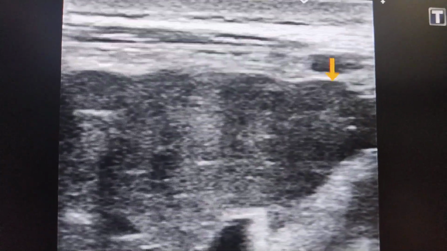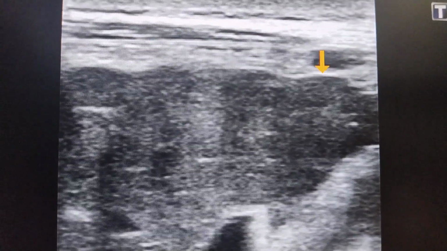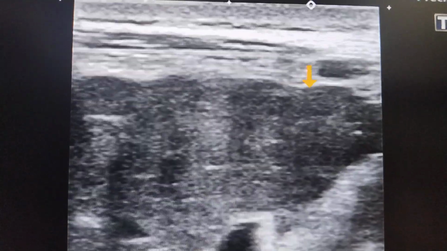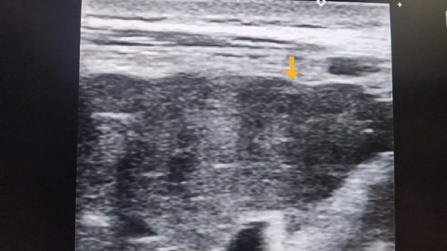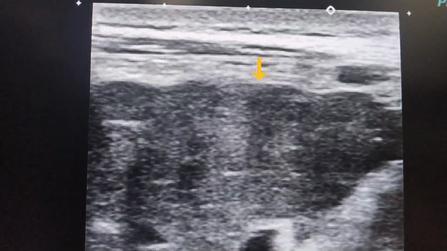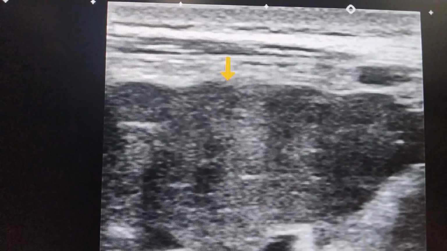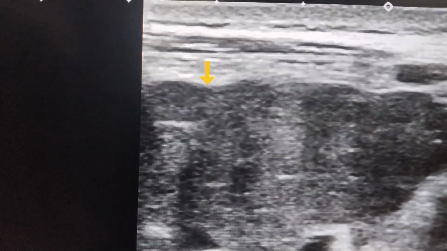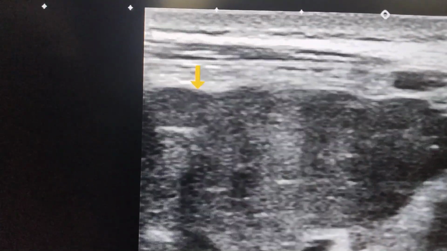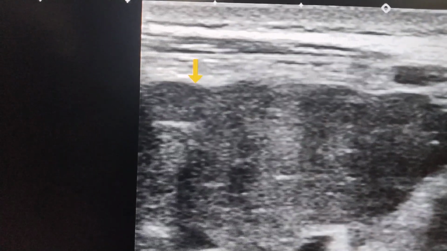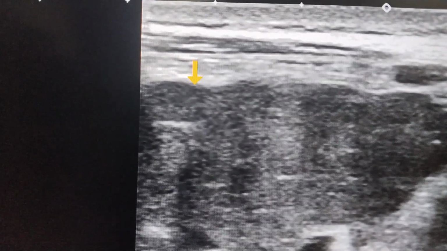This line is coming straight, then there is a deviation in the line, then upward, and then smooth, then deviation, and then deviation. So we can say this is an irregular surface margin.